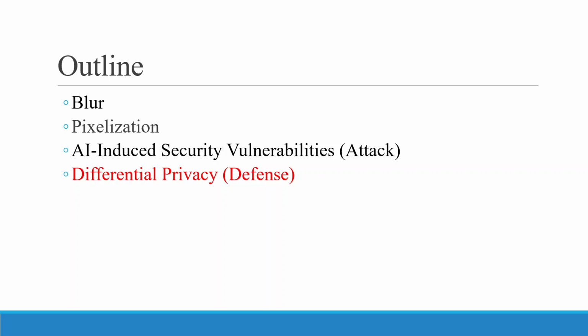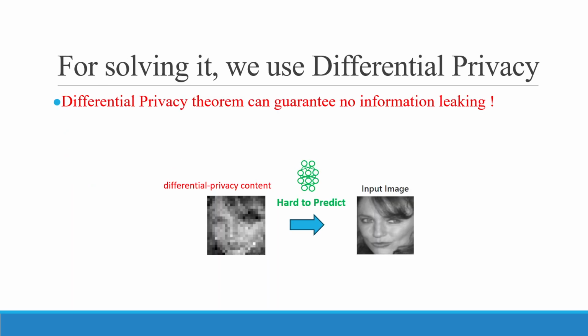And then for this AI-induced security vulnerability, this kind of attack, we want to develop some defense method against this attack. Now I want to introduce the defense method based on differential privacy. The main idea is like this.